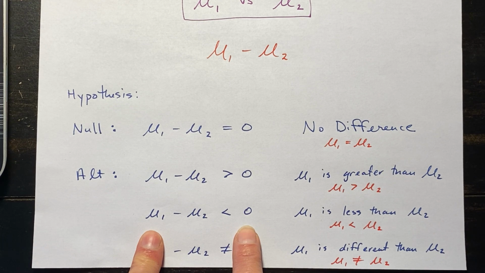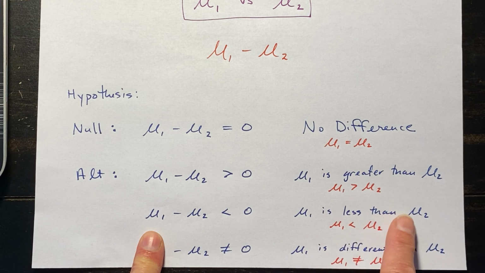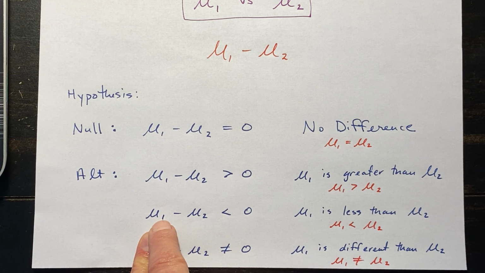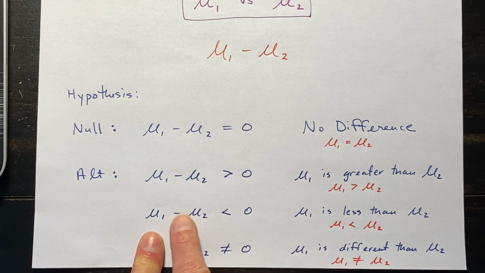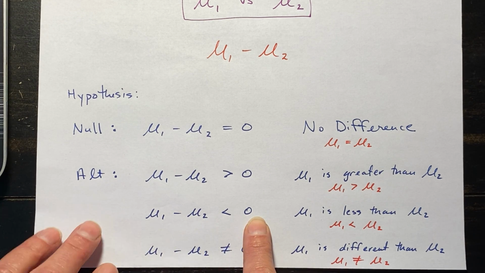Or mu1 minus mu2 is less than 0, if mu1 is less than mu2 and I subtract in this order, because we'll have a negative value since mu1 is smaller than mu2. When you find their difference, it will be less than 0.